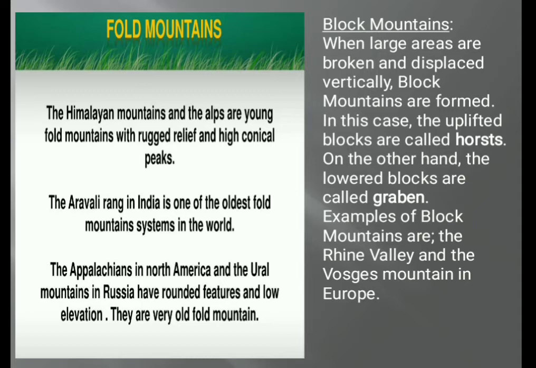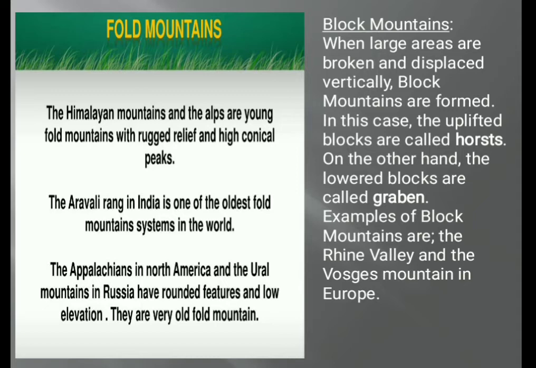They are very old mountains. Now you can see the old mountains have rounded features, but the young mountains have high conical peaks. This is the difference between the young fold mountains and the old fold mountains. Understood? Now let's move on to the block mountains.